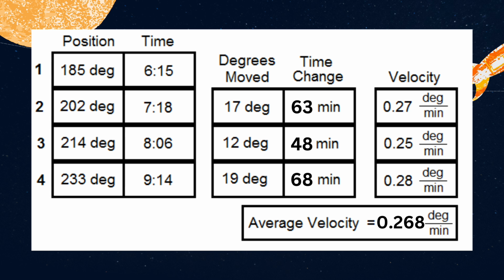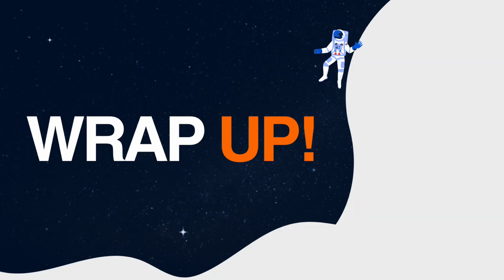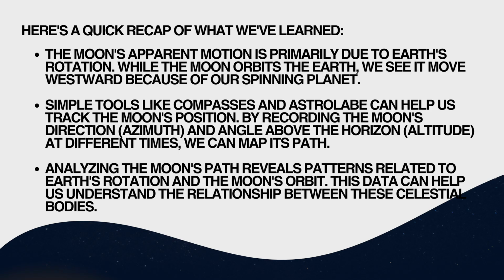So 48 divided by 179 equals 0.268 degrees per minute.